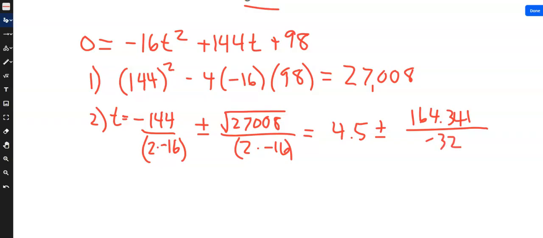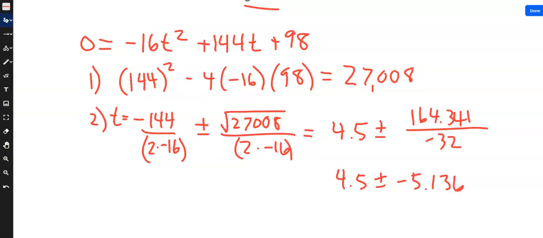So we're going to do the plus and the minus. Let's take that and divide by negative 32. So that's really like 4.5 plus and minus negative 5.136.